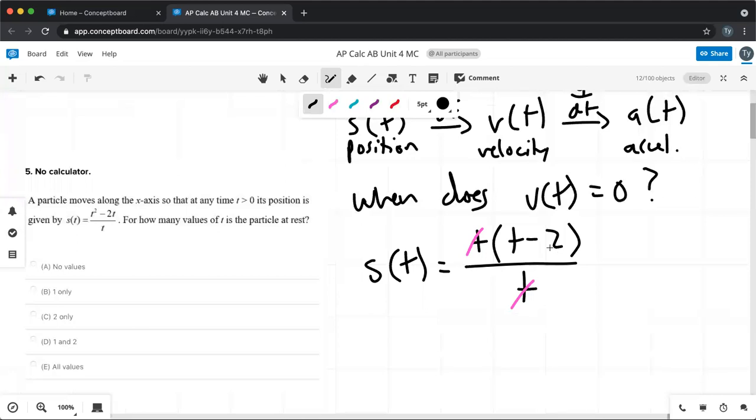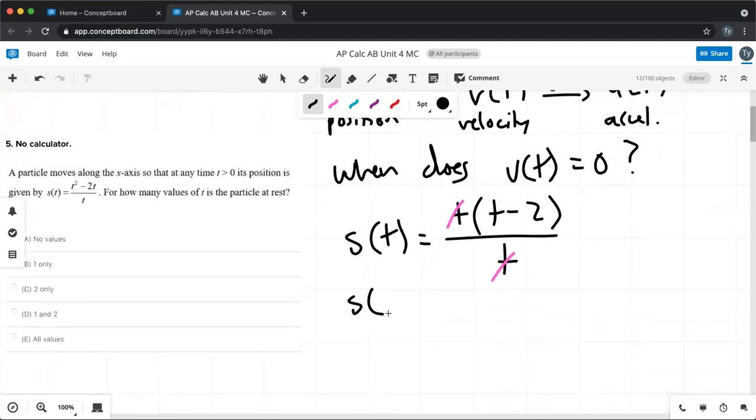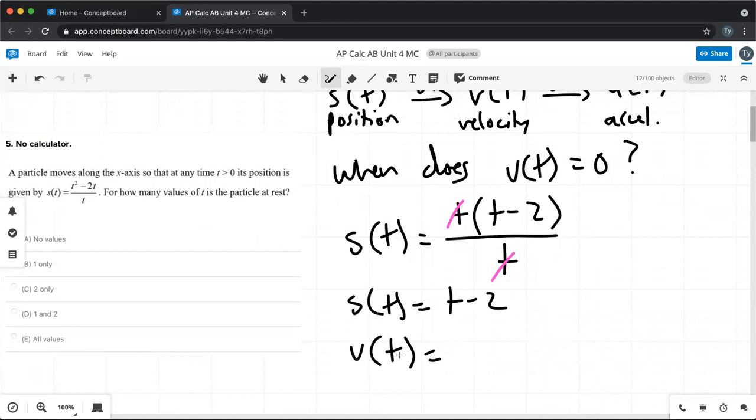However, if you do not see this and you do use quotient rule, you will get the same answer. So s of t is t minus 2, and we want to take the derivative of s of t, which is the same as v of t, the velocity. The derivative of t minus 2 is just 1.